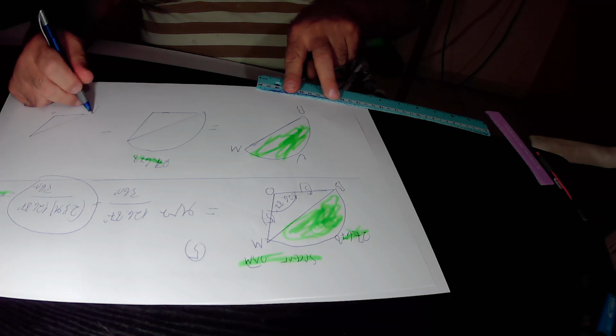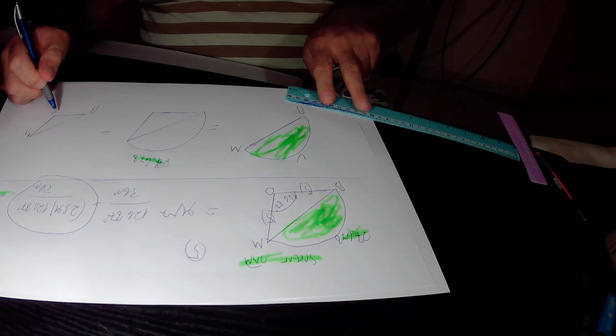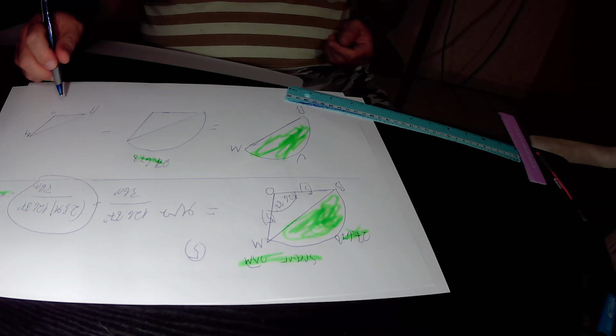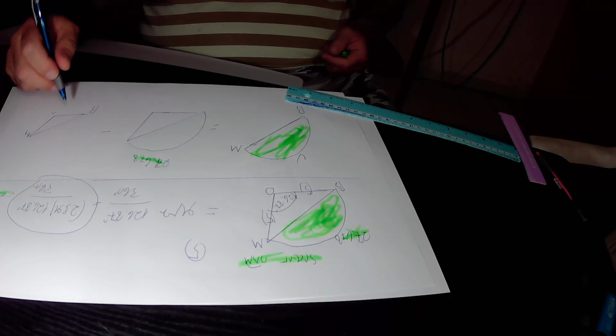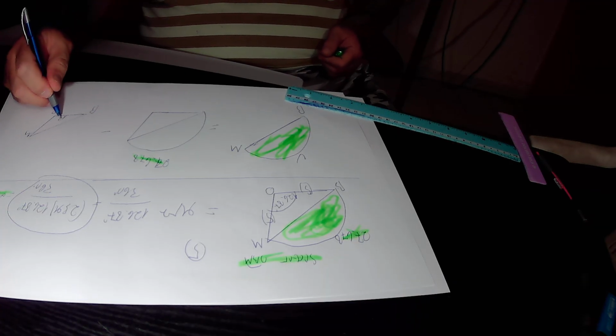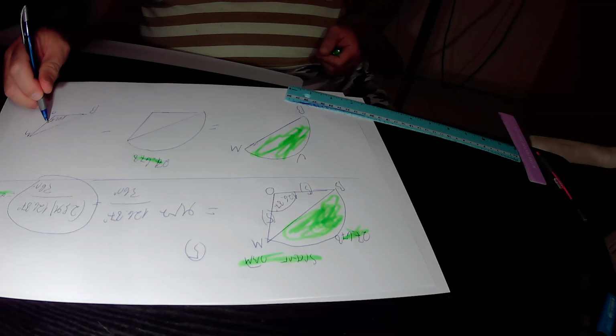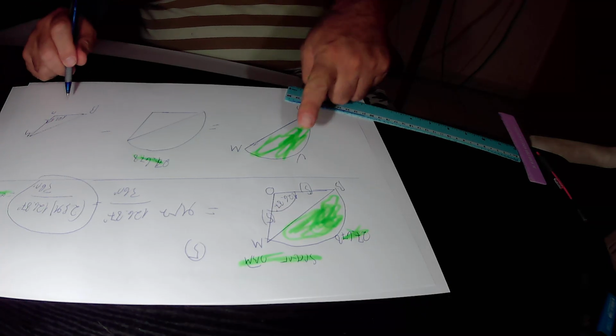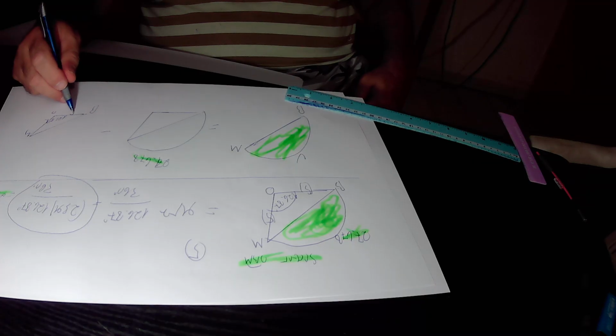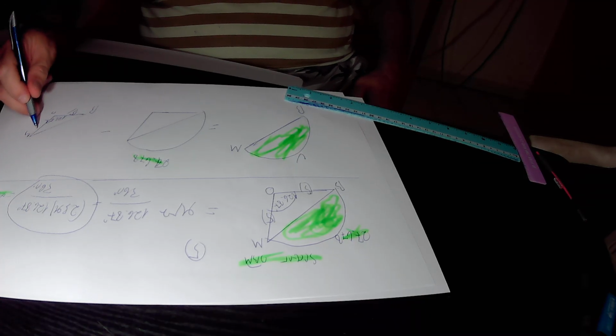The angle between sides BO and OM is 126.87 degrees. BO equals 5. OM also equals 5.